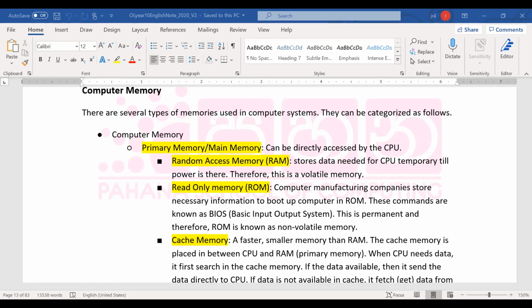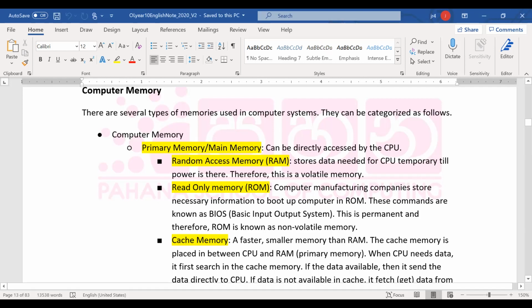So BIOS or ROM, we call it. Here is the place where we have the ROM, the BIOS, and that is the place where we store this. So here you will see the ROM chip, which is permanent.